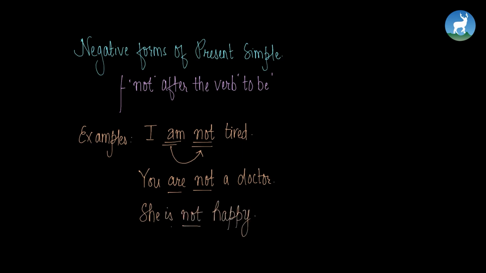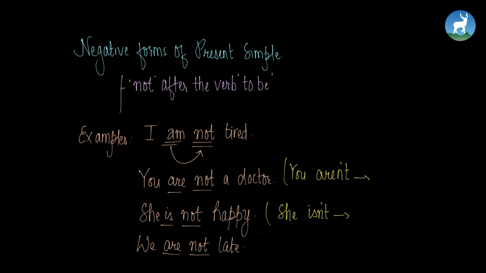We used not after is. We are not late. Here too we used not after are. So you could also write it using the contracted form as you aren't, she isn't, we aren't. So whatever you feel easy doing, you may use that form.